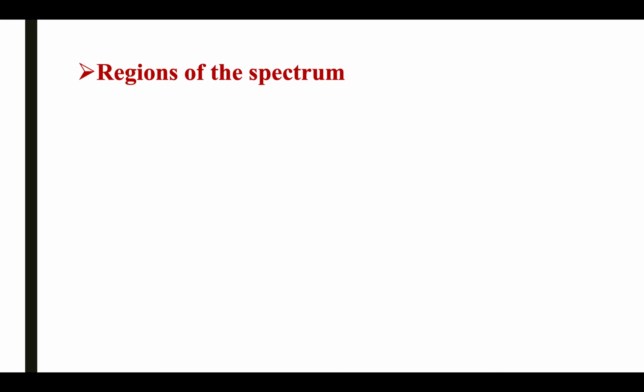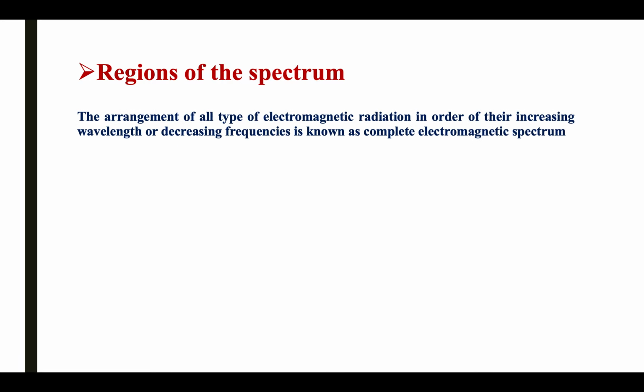Now we will see what the regions of the spectrum are. The arrangement of all types of electromagnetic radiation in order of their increasing wavelength or decreasing frequency is known as a complete electromagnetic spectrum. If electromagnetic radiation has a particular energy, that energy can be measured in electron volts, or if the frequency is given, then we will measure in terms of nanometer or micrometer.